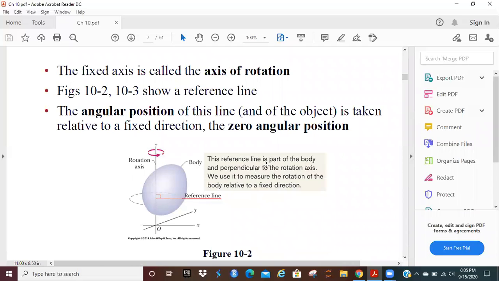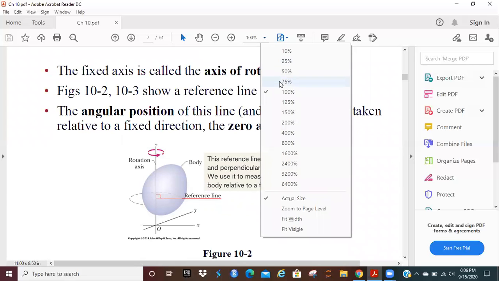We've got a reference line here, part of the body, perpendicular to the rotation axis, and you use that to measure the rotation of the body relative to a fixed direction. So you've got the axis around which it rotates, the body, and then the reference line. This reference line tells you more about the angles through which it rotates.